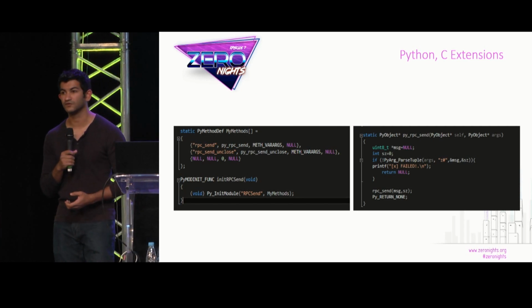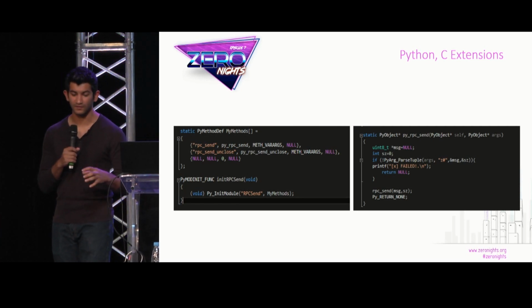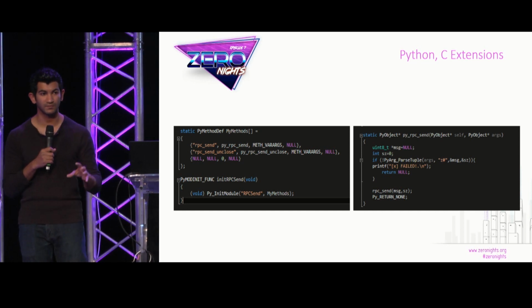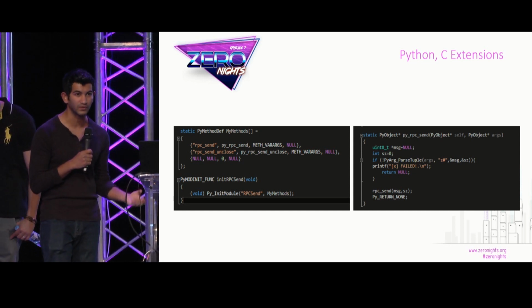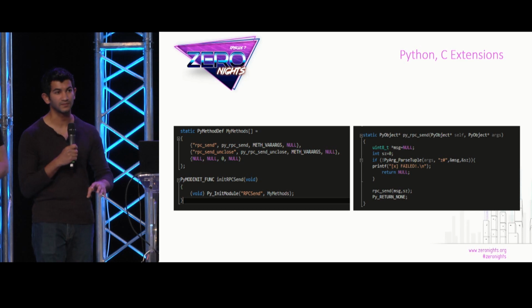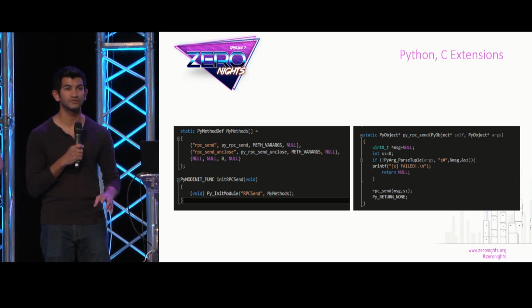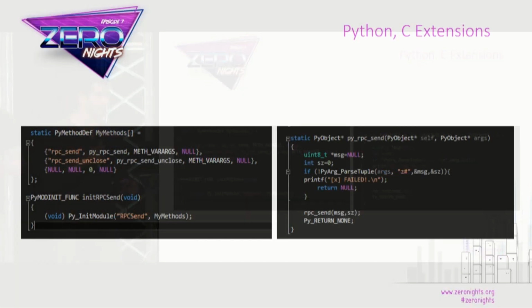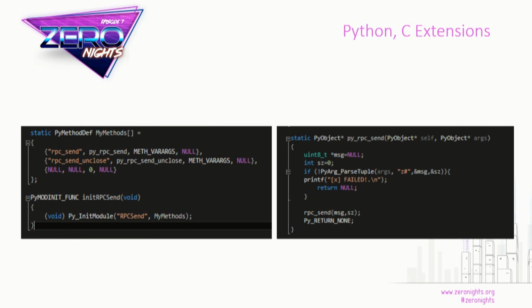The way that works is you have an array of the methods that are defined that have various names, which is how you'll access them, as well as a pointer to the function that implements it. Then you have an initialization routine that calls PyInit module with the name of the module itself, as well as a pointer to the array of methods. And when you import, it's got to match whatever you've sent when you call PyInit module.